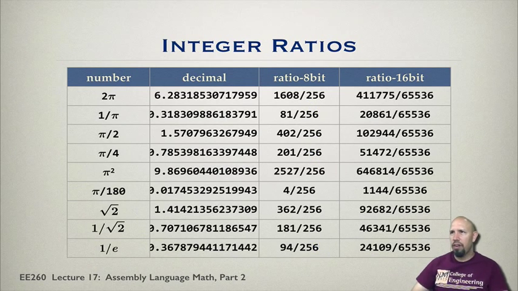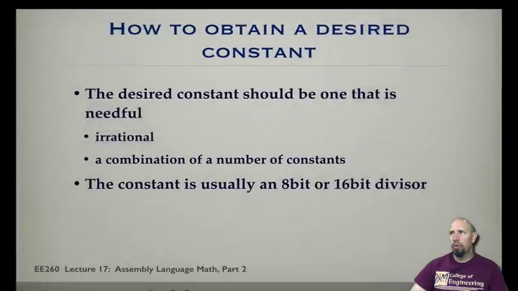So we have different ratios we can use to represent some of these complicated numbers. If I have 16 bits that I can work with, then here's the 16-bit. Basically that shifts the whole thing over by 2 bytes instead of just 1 byte. This basically shifts things over by 1 byte. So anyway, those are some of the integer ratios we could work with.